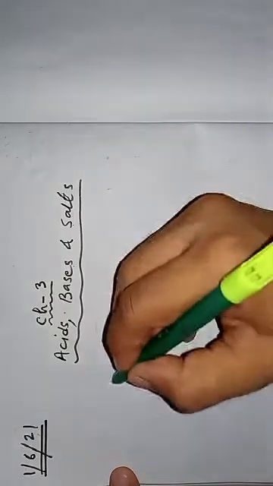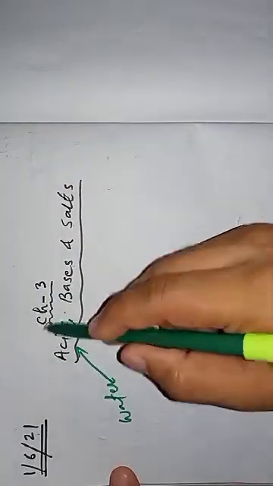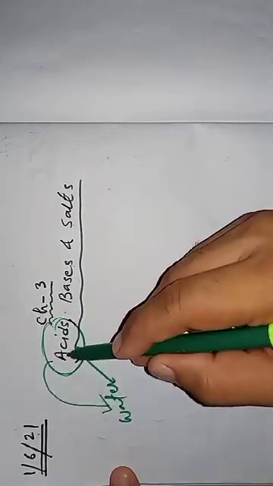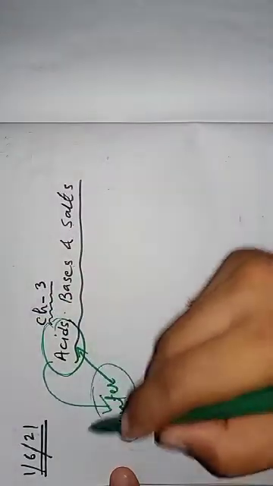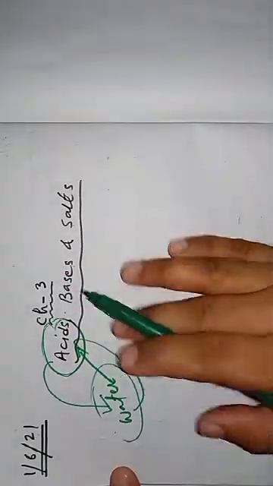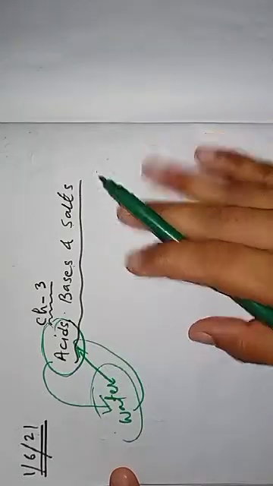If you are mixing water and acid, and the ratio of acid is more than water, then that is a concentrated acid. If the percentage of water is more than acid, then that is a dilute acid. I hope this concept is clear.